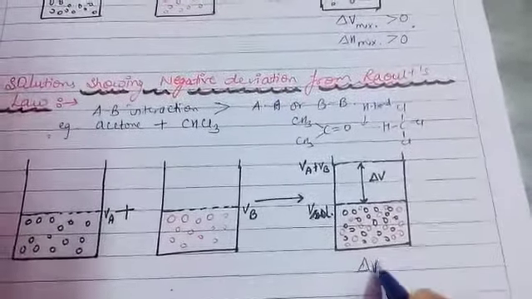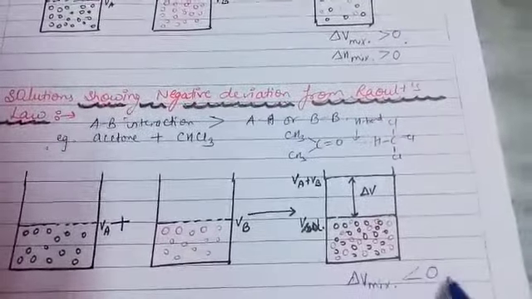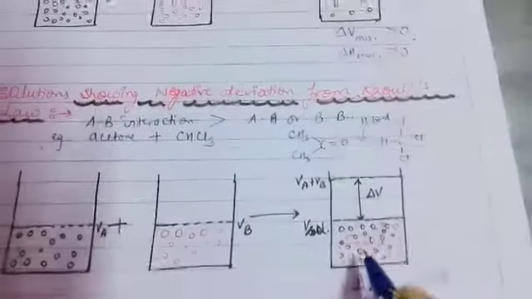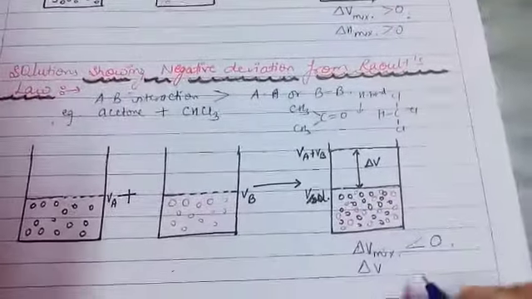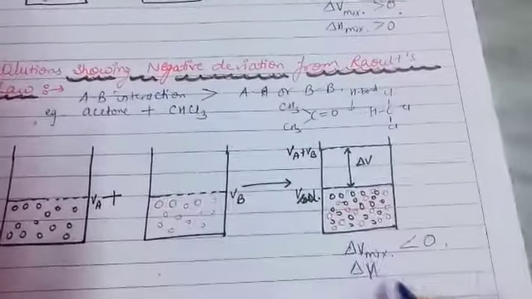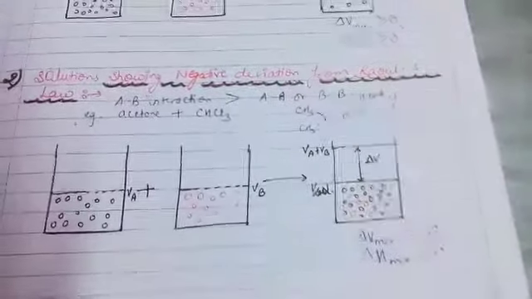Now in this case, delta V mixing is less than 0, negative. Same condition for stability, some of the energy is released, कुछ ना कुछ एनर्जी निकली है, it means delta H mixing is also less than 0, it means both are showing negative deviation.